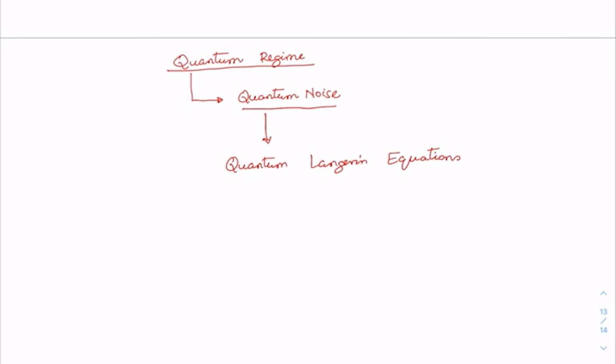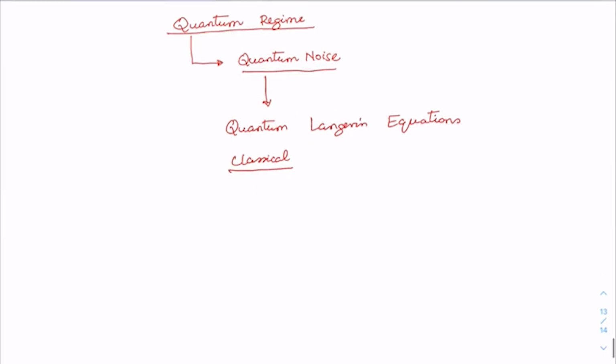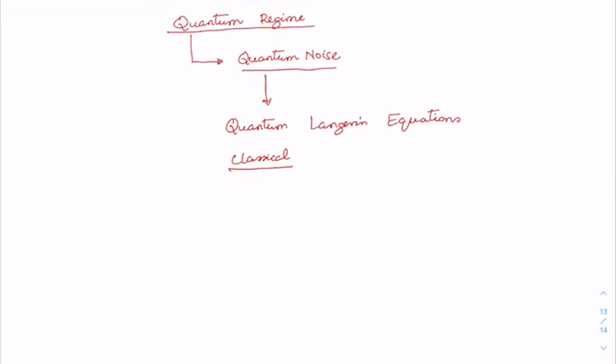In fact, to appreciate the quantum Langevin equation, let us first discuss the classical Langevin equation. To do that, we will begin with our age-old classical harmonic oscillator. As you recall, we represented a classical harmonic oscillator by the damped harmonic oscillator model.